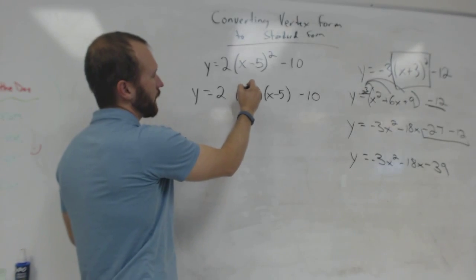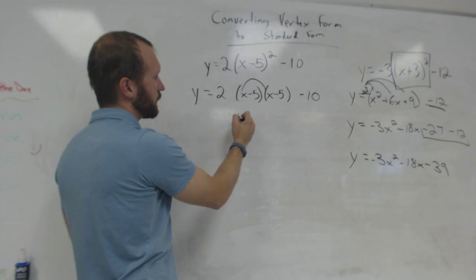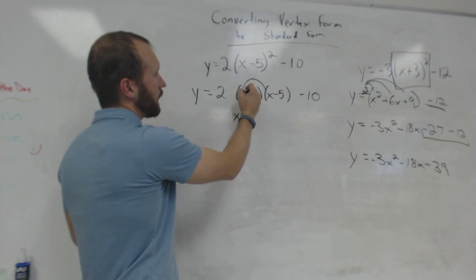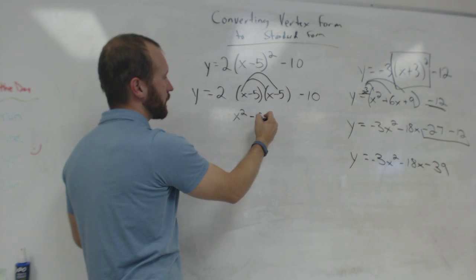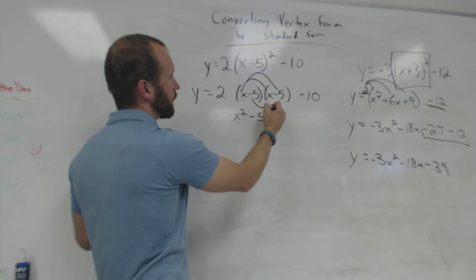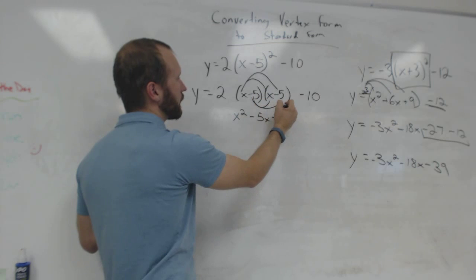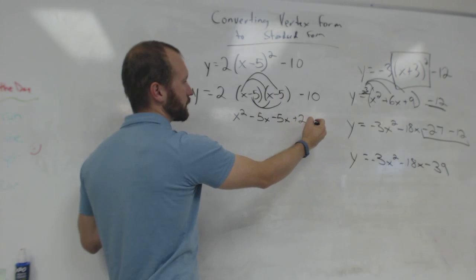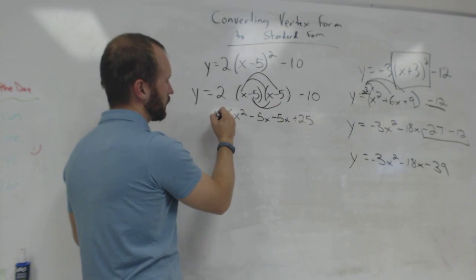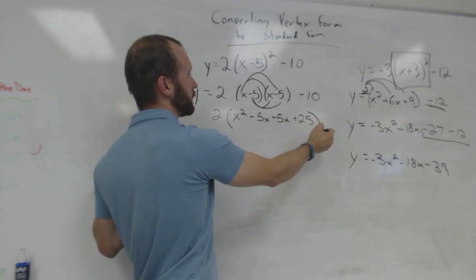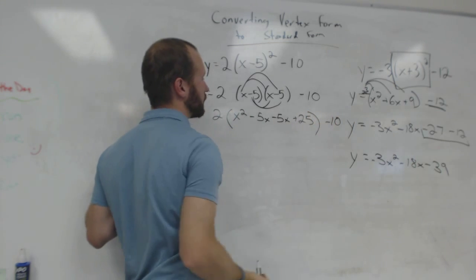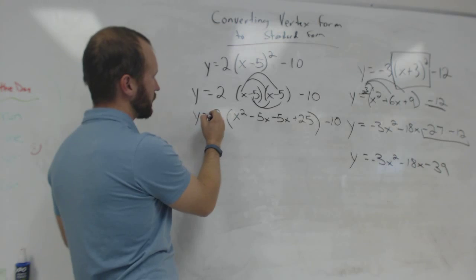And I'm just saying x times x is x squared. x times negative 5 is minus 5x. Negative 5 times x is negative 5x. And negative 5 times negative 5 is plus 25. That's all still in parentheses. And we still have a minus 10.